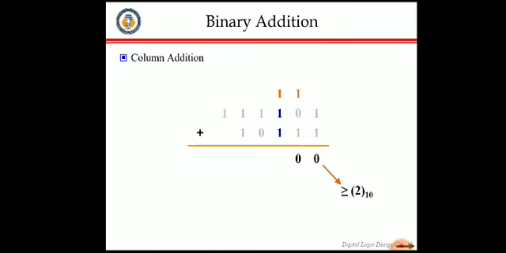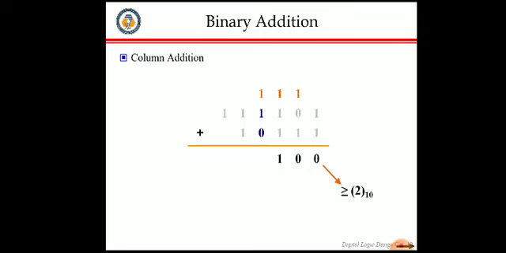Let us see, 11. Carry is 1, sum is 1. Now, in the next position, we got 1 plus 1 plus 0. 1 plus 1 is 10, 10 plus 0 is 10 only.